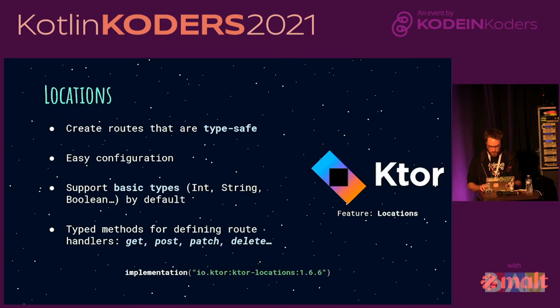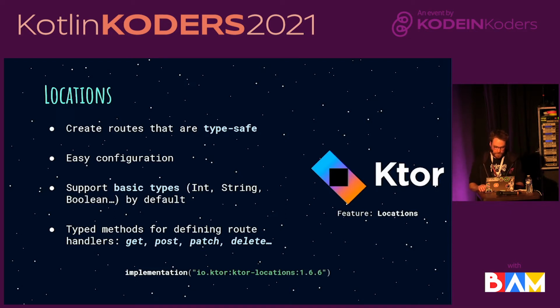So it is pretty nice to have type-safe routes. Very easy configuration here, and it also supports basic types such as int, string, or boolean by default. And of course, as it is a REST API, you can define the get, post, patch, and delete methods.